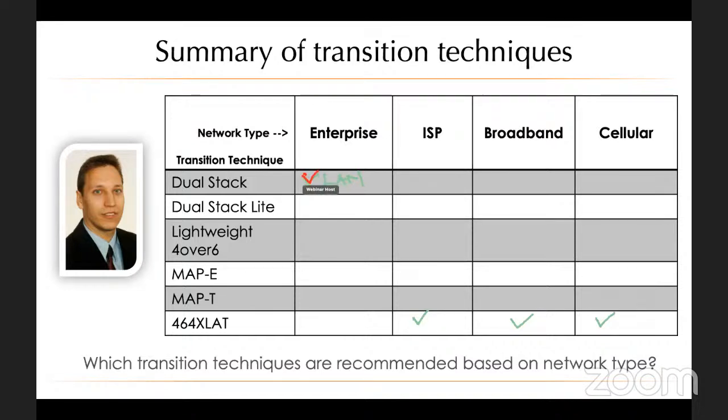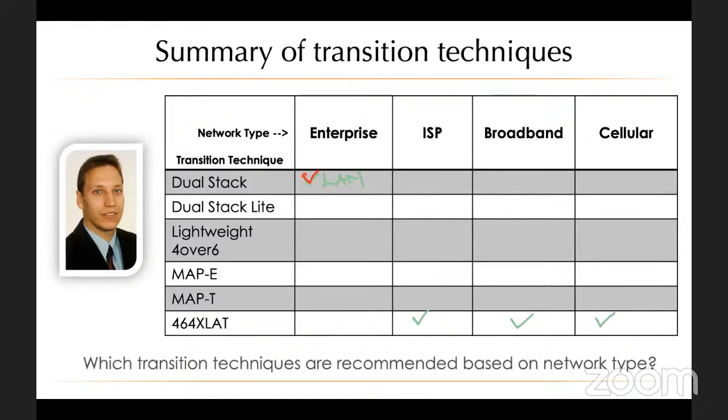Of course, the ISP, whether broadband or cellular, will use some protocol like maybe dual stack, but maybe also 464XLAT. An ISP needs to provide dual stack only to corporate customers that have the need to expose public IPv4 addresses to the internet.